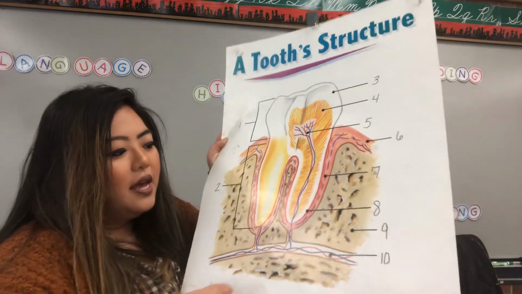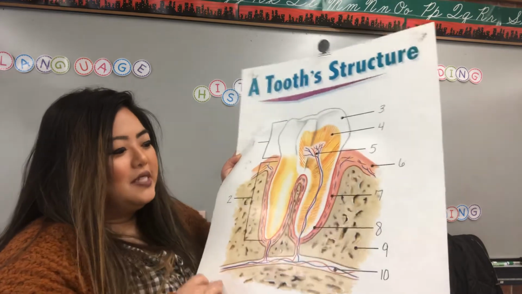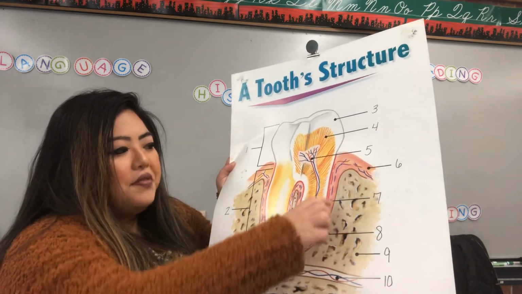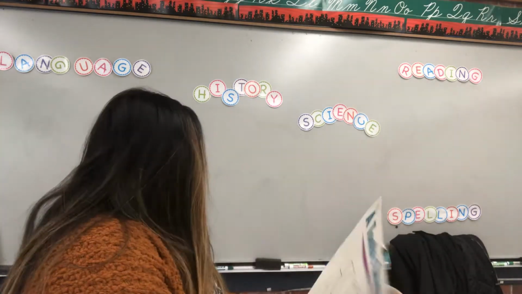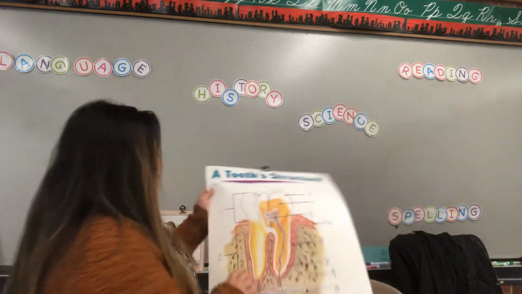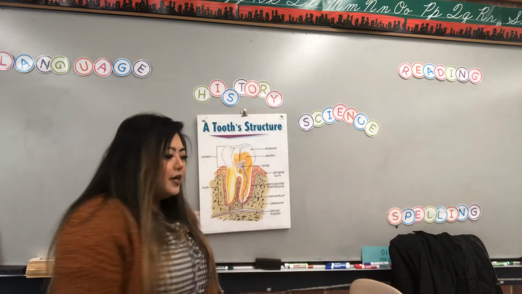It is your cementum. This right here is your jawbone and your blood supply. And then out here, this is your periodontal membrane. And this is what can separate the tooth from the jawbone. If you don't know those, make sure you study and learn the different parts of the teeth.